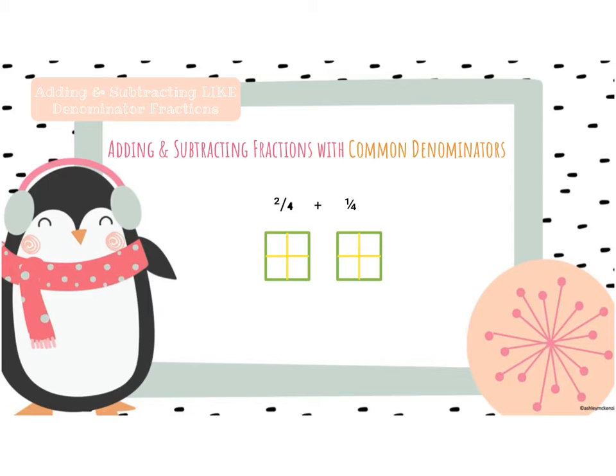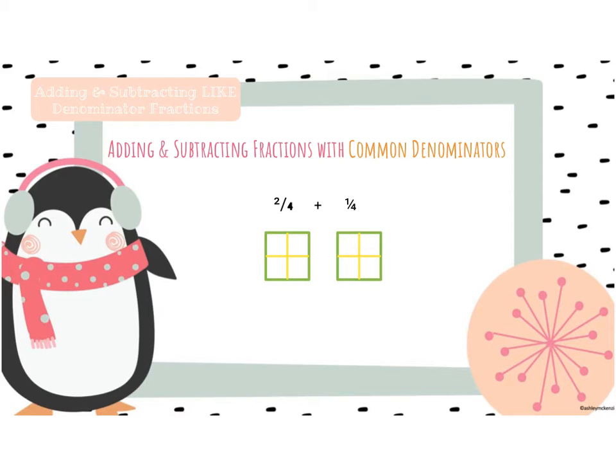What's another name that I just told you we could use for common denominators? Yeah. Like denominators. So you may hear both terms. A common denominator is going to be really common as we start getting into adding and subtracting fractions with unlike denominators. Okay, so we want to make sure that our denominator is the same, that they are common or they are like.